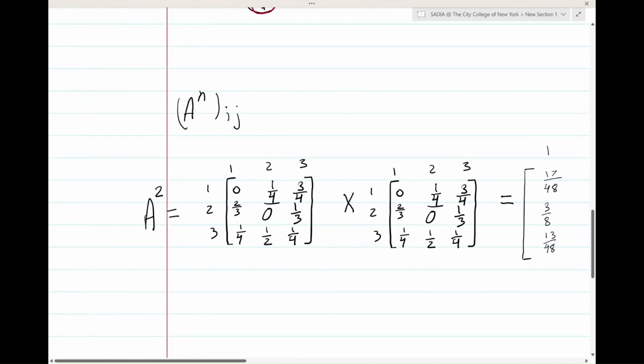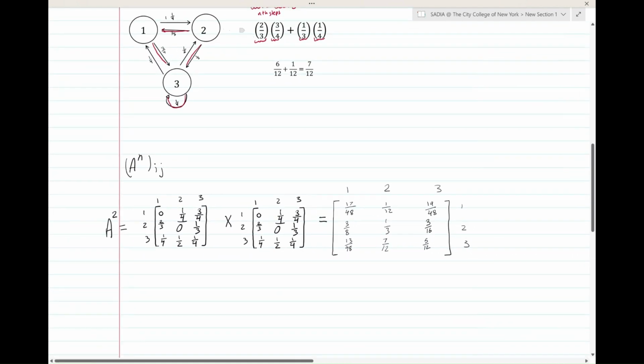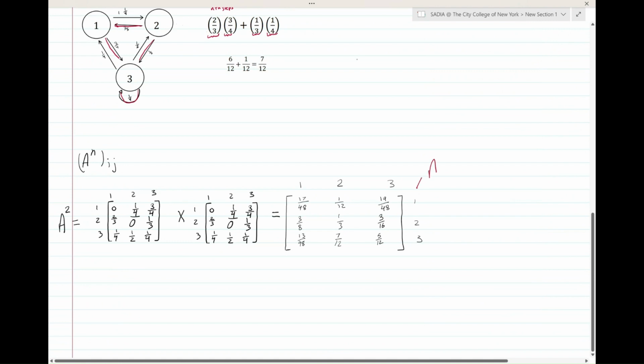So the final matrix, which I have over here, is A^n, and then you think of the problem that you want to solve, which, as we did before, was from state 2 to state 3 in 2 steps. That's why we multiplied the matrix twice over here.